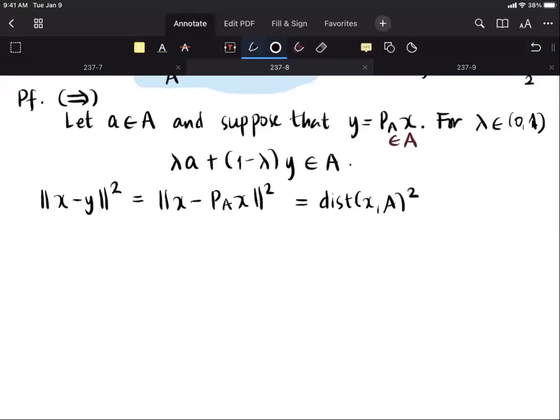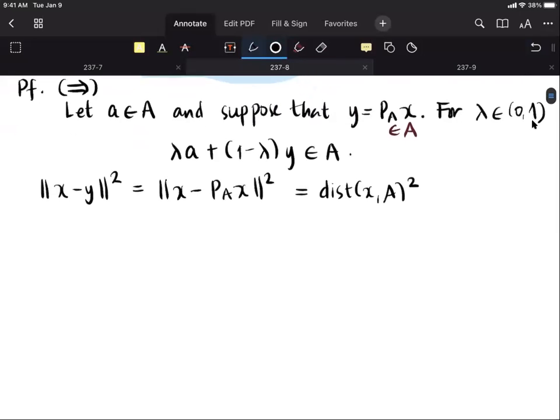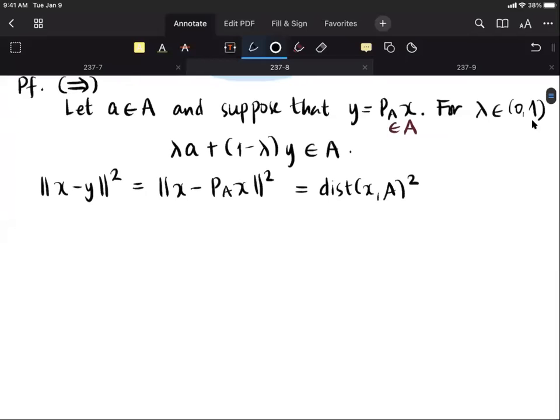And why is this? This is according to the definition of our projection. Since this convex combination here is a particular element of your set A, then the distance squared must be less than the distance between x and this particular point, lambda a plus 1 minus lambda y.